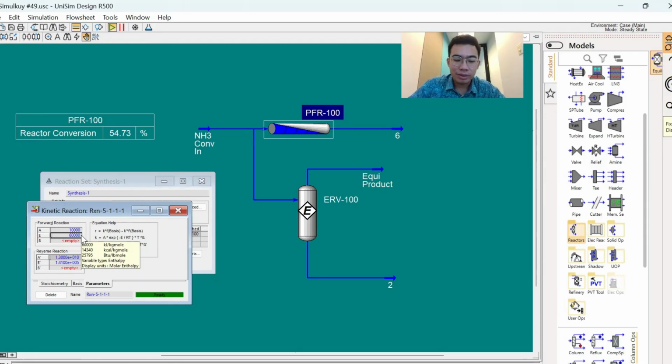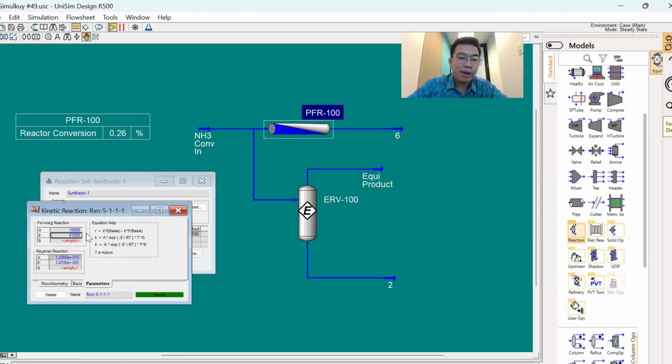But you need to tune this accordingly, because having more conversion doesn't mean that it is always a correct one. Yeah, because I think this does not really make sense to get 50% conversion for this condition. So yeah, you need to tune this logically.